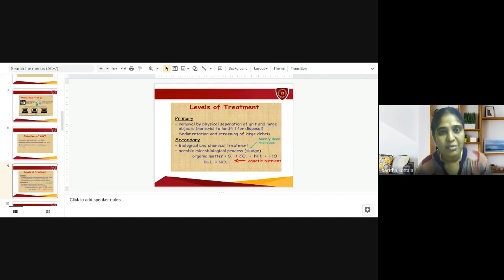Then comes sedimentation and screening of large debris, followed by secondary treatment, which includes biological and chemical treatment. In the aerobic microbiological process, the sludge and organic matter are supplied with oxygen, which removes carbon dioxide, ammonia and water.